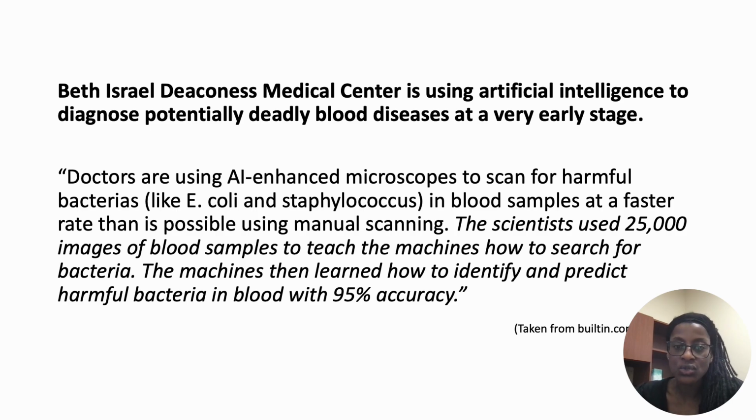The scientists used 25,000 images of blood samples to teach the machines how to search for bacteria. The machine then learned how to identify and predict harmful bacteria in blood with 95% accuracy. So using machine learning, that task can be completed in a short period of time, but also with fairly great accuracy.